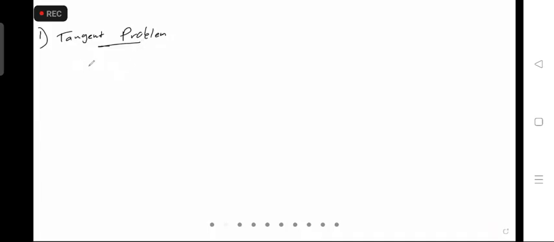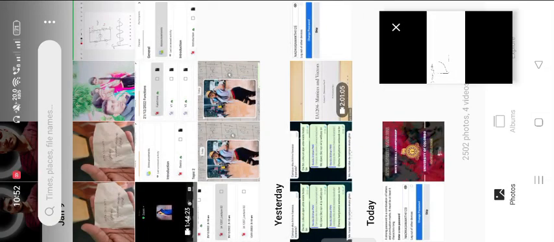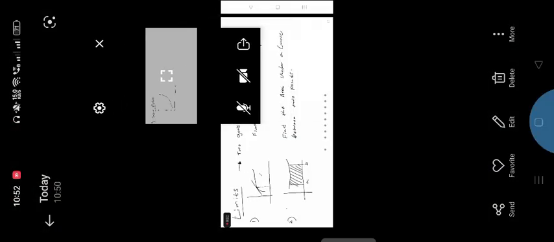First, we have to understand the concept behind it. Now I will explain why we are learning limits, to achieve these two goals.